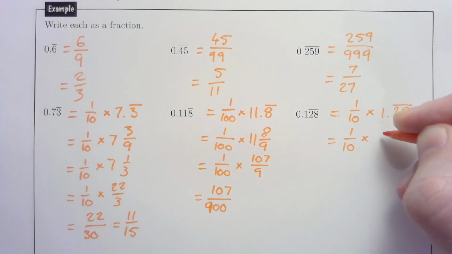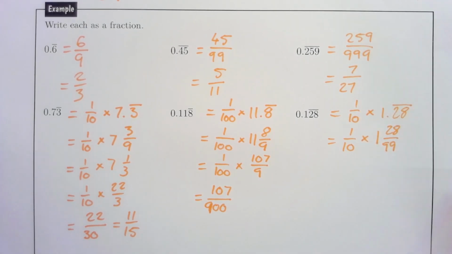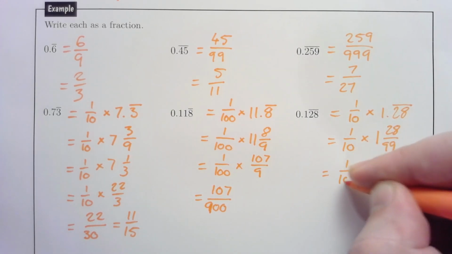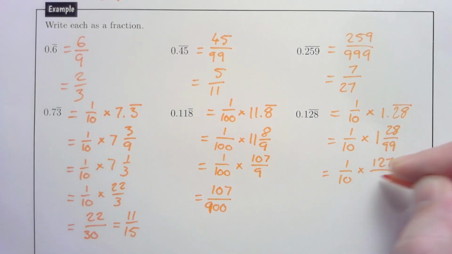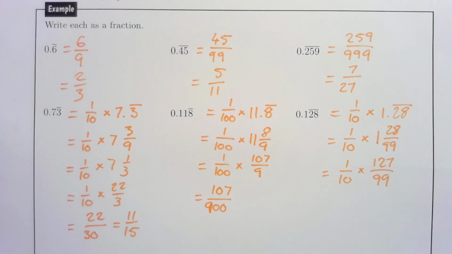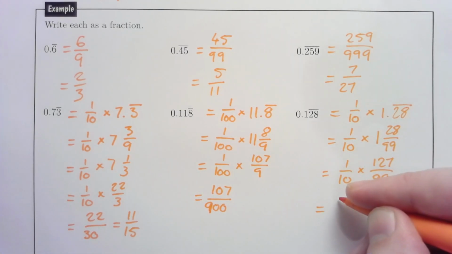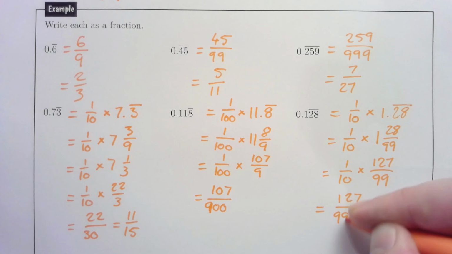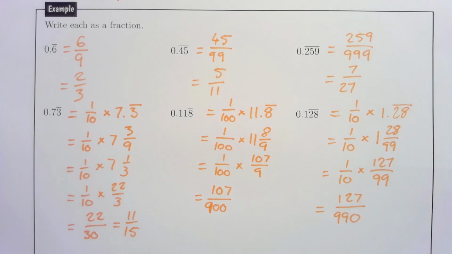Well, this is the same as 1/10 times 1 and 28/99. So just changing our repeating digits into a fraction over 99. 1 and 28/99 is the same as 127/99. We're multiplying that by 1/10, so that is 127/990.